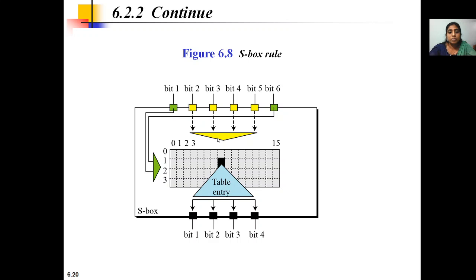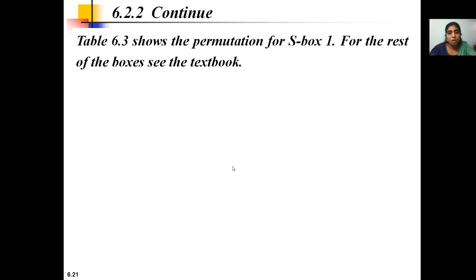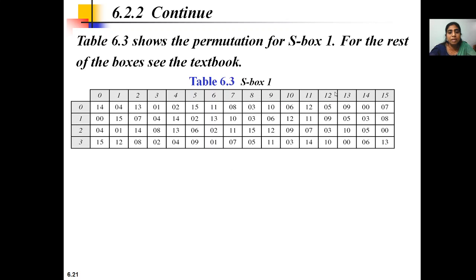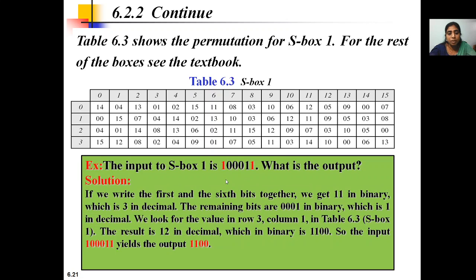So let us see the example. The S box example. So this is the first S box. Let us take an example and see. The input for the S box is given as 1 0 0 0 1 1. Now 1 1 becomes the row value and 0 0 0 1 becomes the column value.